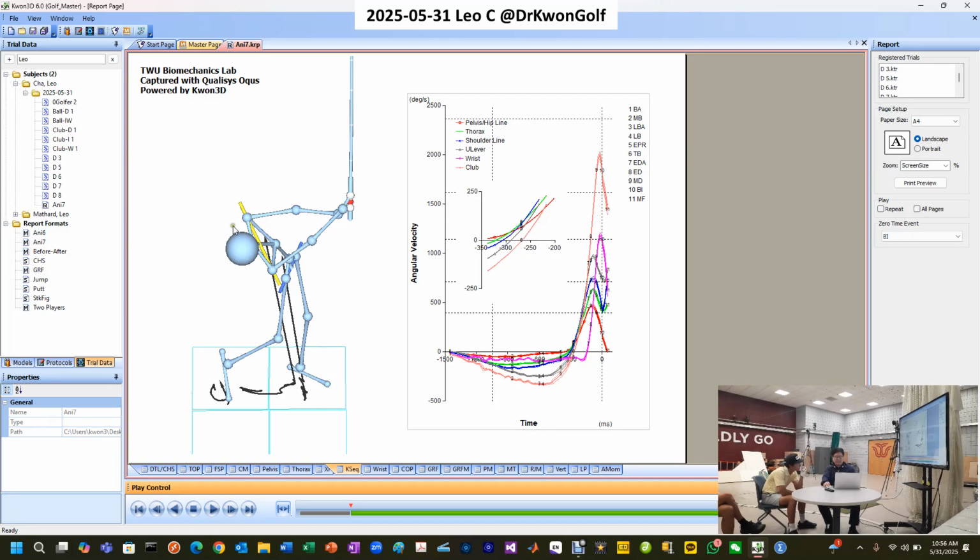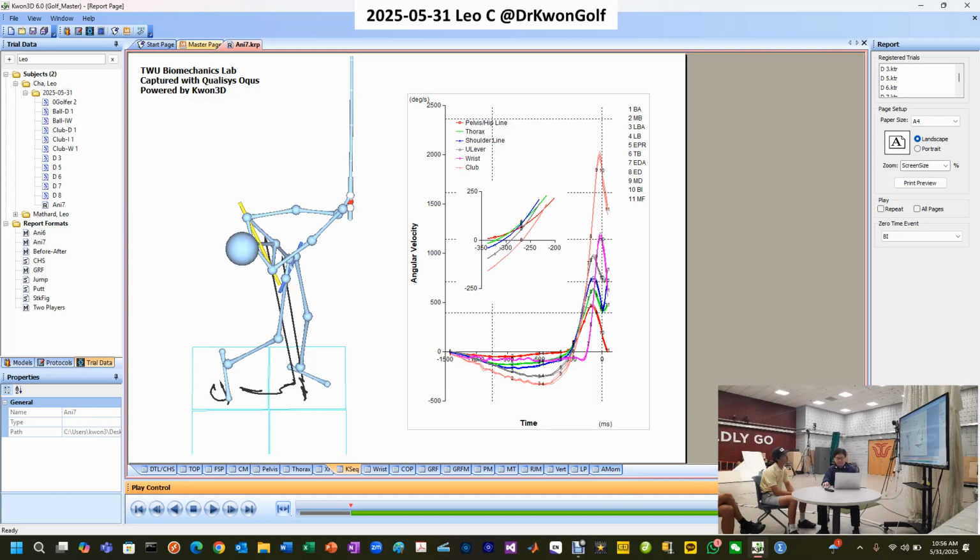Your hands are higher than your left shoulder at this point here. That means you're turning quite a bit, so that puts a burden on the body. When we are maintaining the axis here and turning this much, then you have excessive range of motion here, and it puts a lot of burden here.